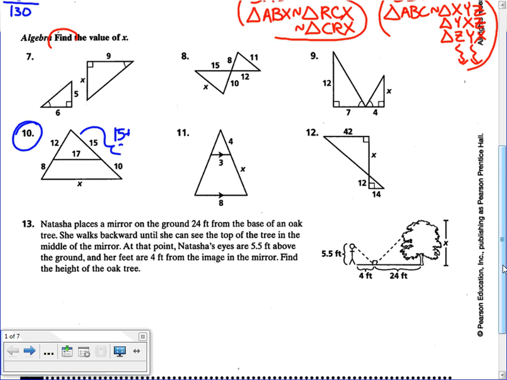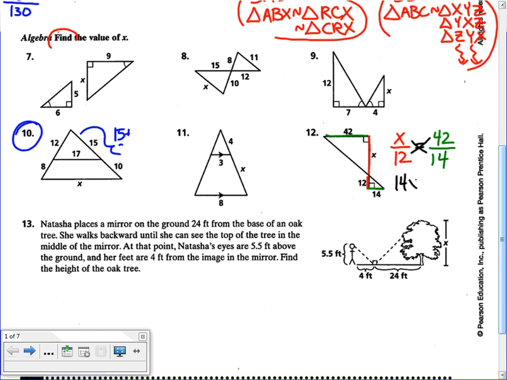Number 12, solve for the x. It is going to correspond with the 12 down at the bottom, so I can set up x over 12. And then I look and I see that the only other sides given to me are the 42 and the 14. So there's the proportion I can set up. I can cross multiply.